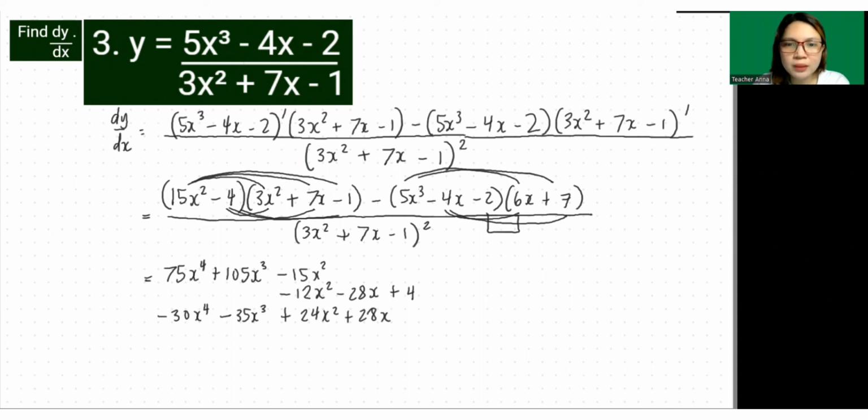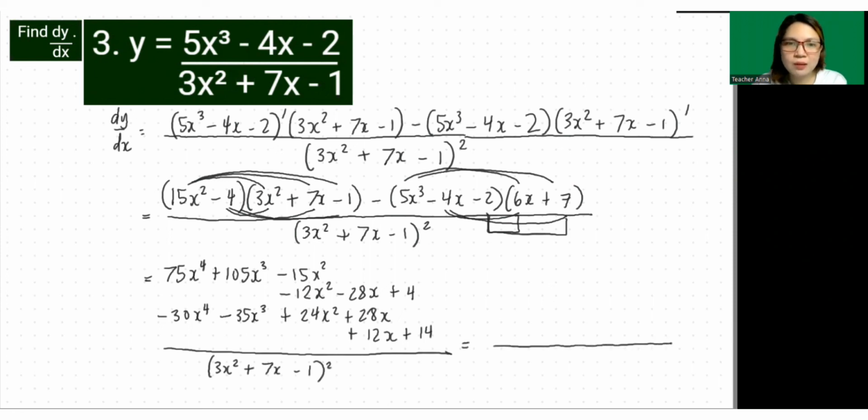So that will be positive 12x. And lastly, negative 14, then the minus sign. That will be positive 14. Everything over, again, the square of 3x squared plus 7x minus 1, equal to, let's now combine like terms.